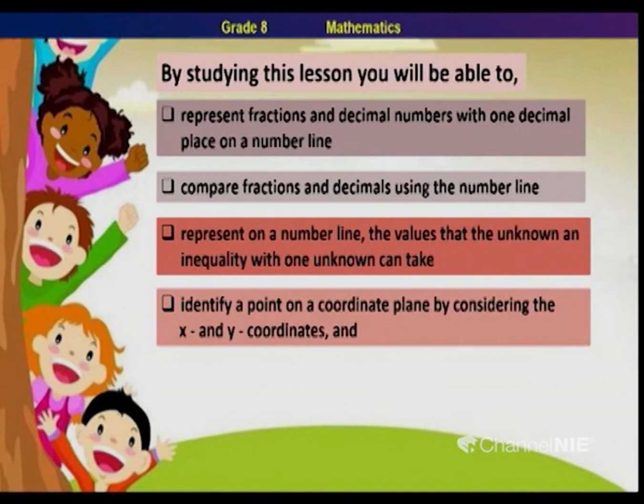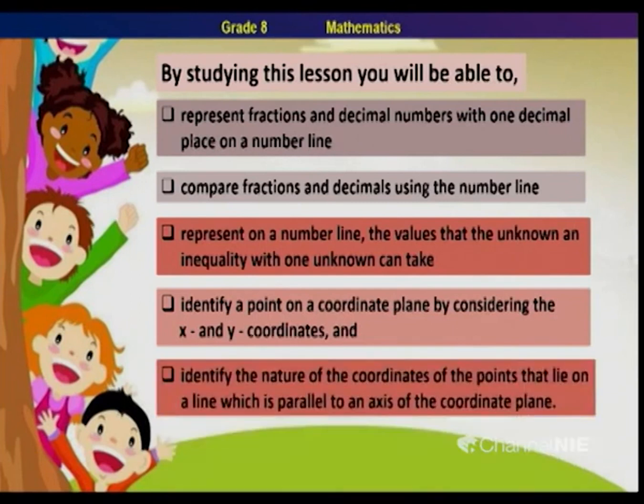Identify a point on a coordinate plane by considering the x and y coordinates, and identify the nature of the coordinates of the points that lie on a line which is parallel to an axis of the coordinate plane. Okay children, now let's start the lesson.